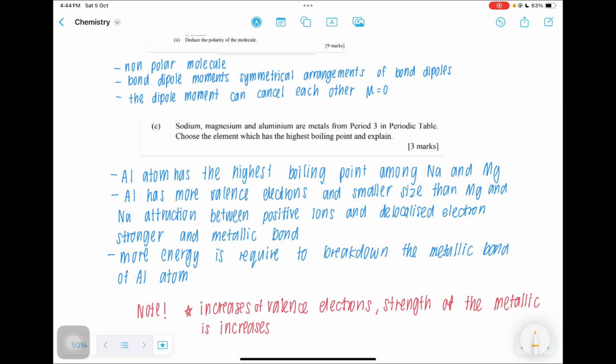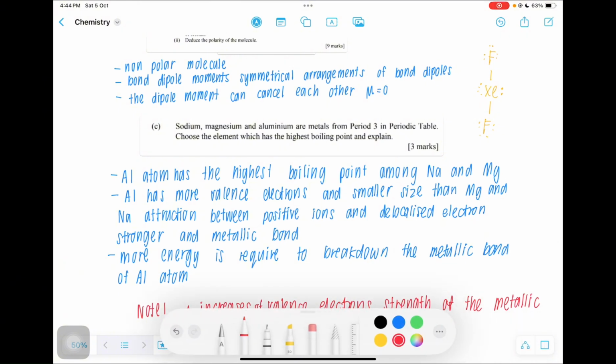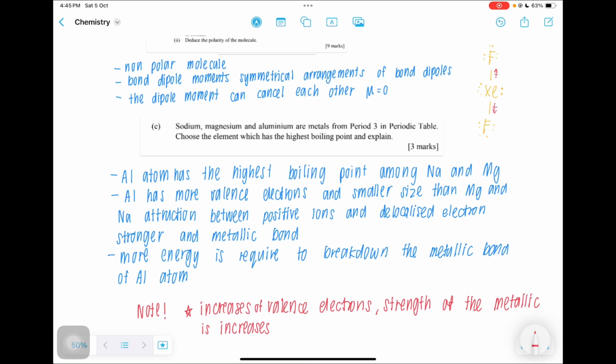So it is a non-polar molecule because F, Xe, and F have a symmetrical arrangement.